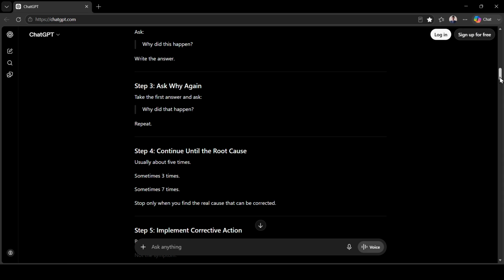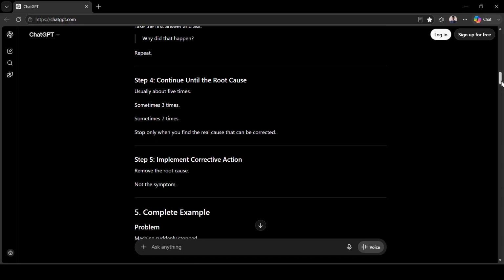Then step 4, continue until you reach the root cause. Usually about 5 times, sometimes 3 times, sometimes 7 or 8 times. Stop only when you find the real root cause that can be corrected.